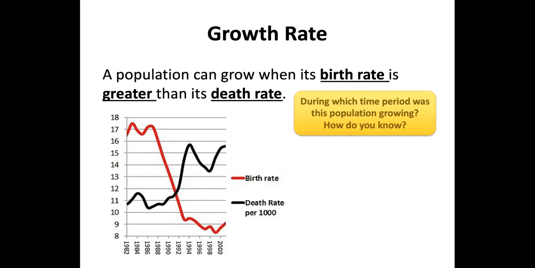So it goes by 82, 84, 86, 88, 90, 92, 94. Okay, so you see it kind of starts to increase here, right? But it also increases at the very beginning.